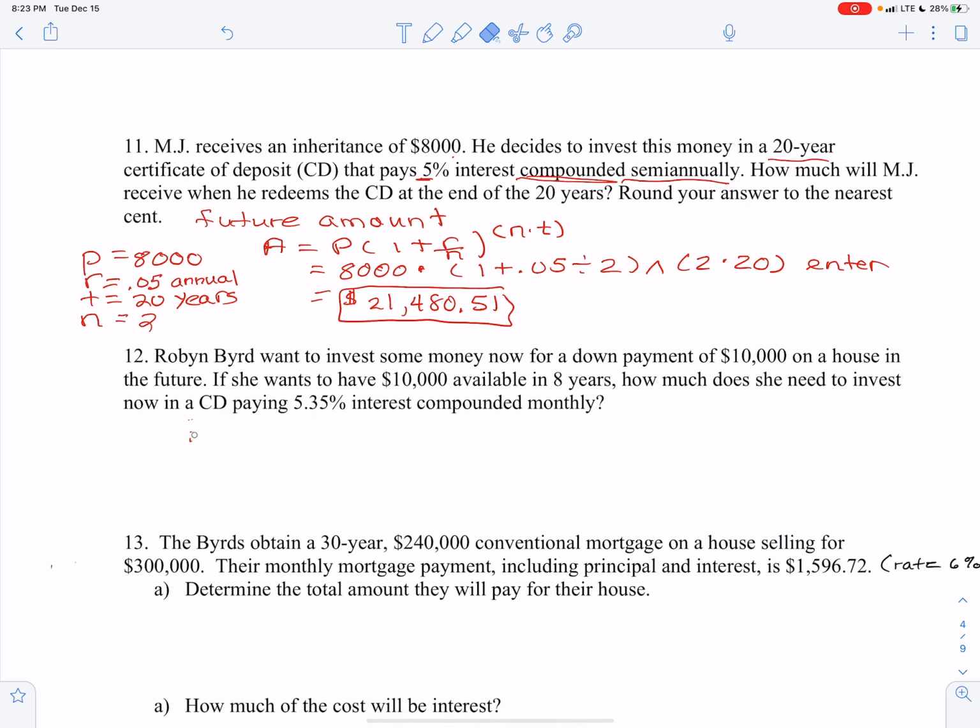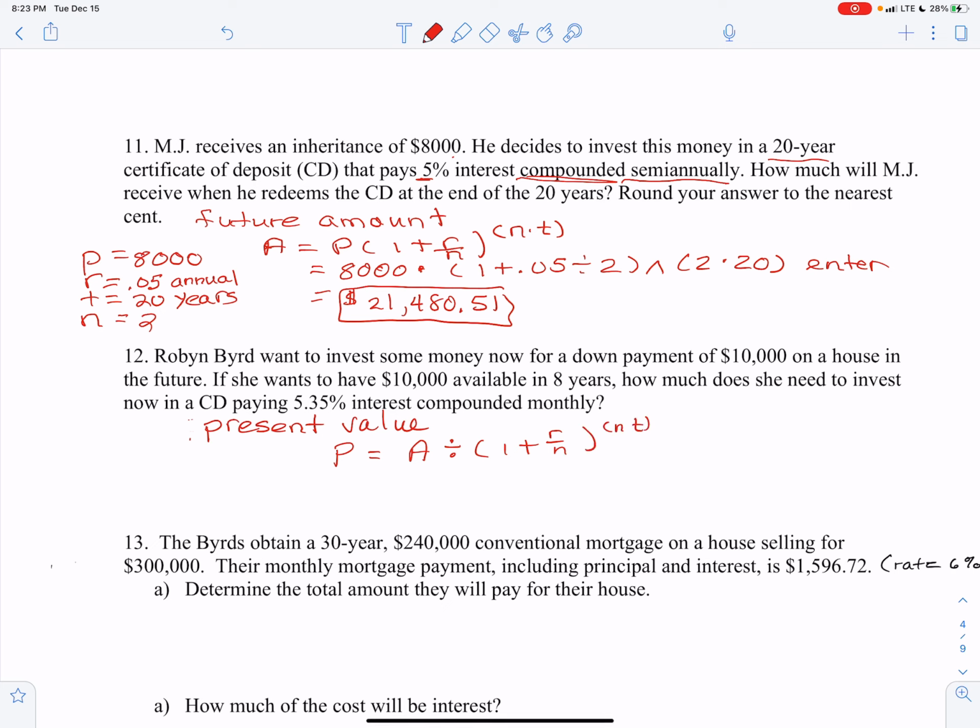The present value, or sometimes it's called the original principal. So to find the present value, it's the amount that she wants it to grow to divided by 1 plus R over N to the NT.